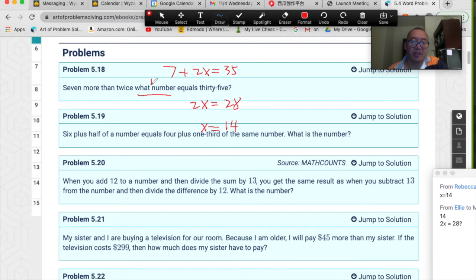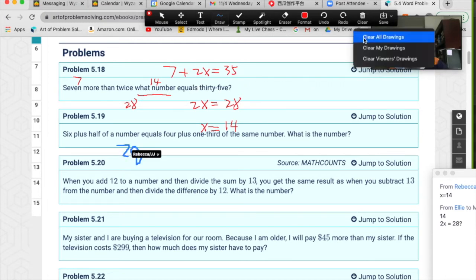So this number equals 14. Then you go back and check. 7 more than twice of 14. So twice of 14, that's 28. So 7 more than 28 equals 35. That's correct, right? Very good.